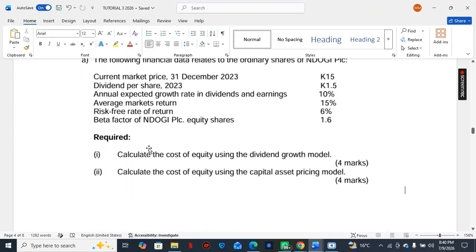So here we're calculating the cost of equity, the cost of equity financing. Because remember, this equity is not for free. Yes, you have to pay the shareholders dividends. So we're going to calculate the cost of equity using the dividend growth model.